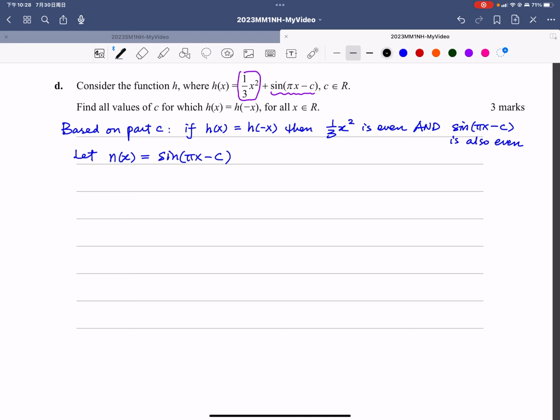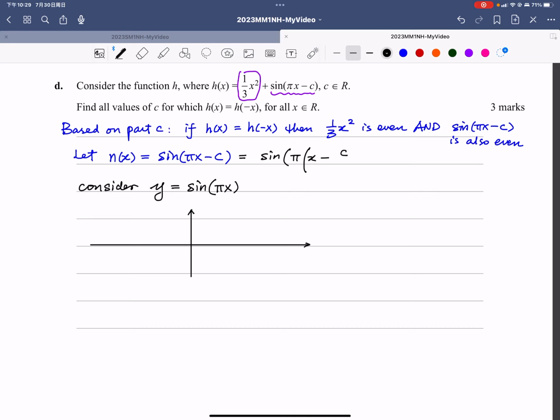Let's consider y equals sine pi x, and it's some sort of translation thing. Let's write this one as sine of pi times x minus c over pi.